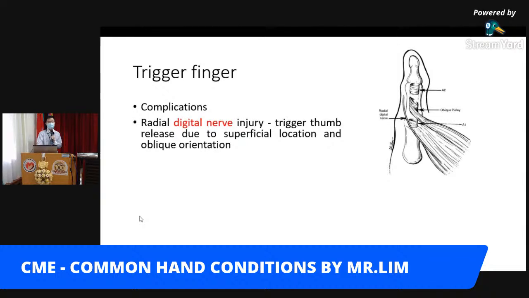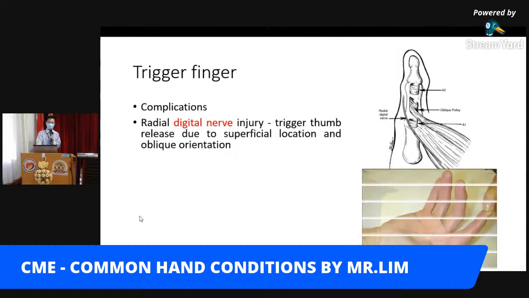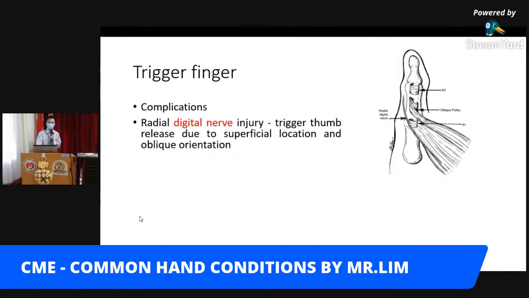As I said before, in all surgeries, we are trying to minimize the complications. In this case, in trigger thumb, we can see the nerve going directly obliquely over the A1 pulley area. So the nerve is at risk.